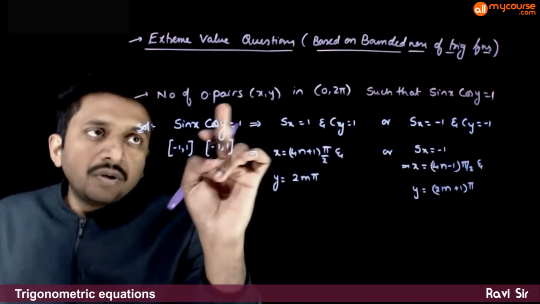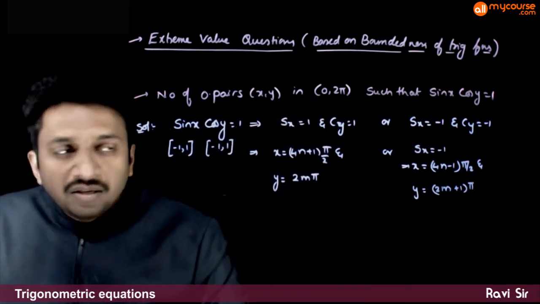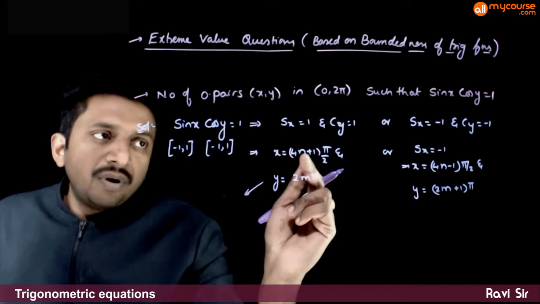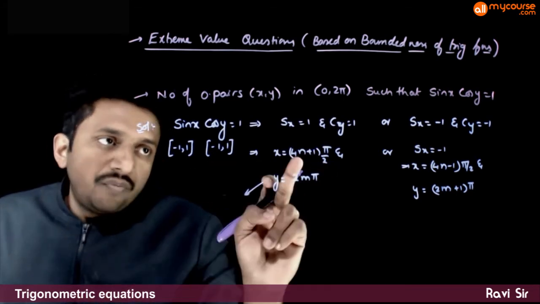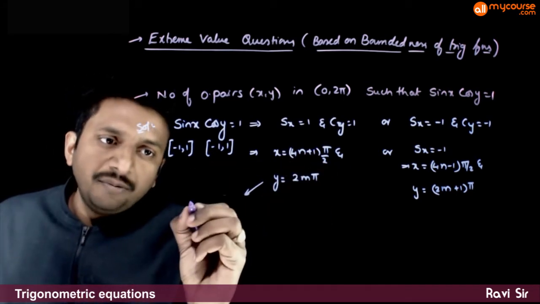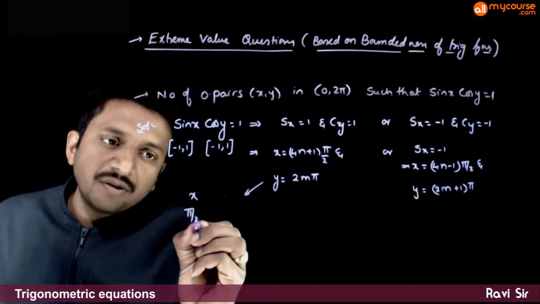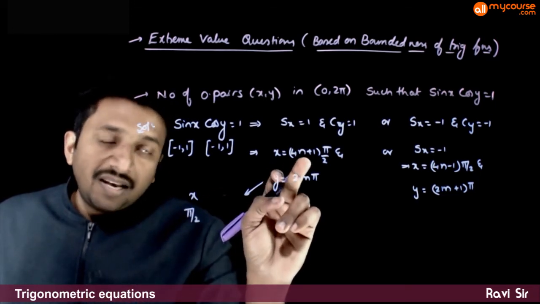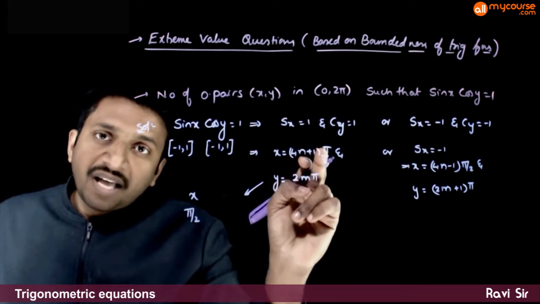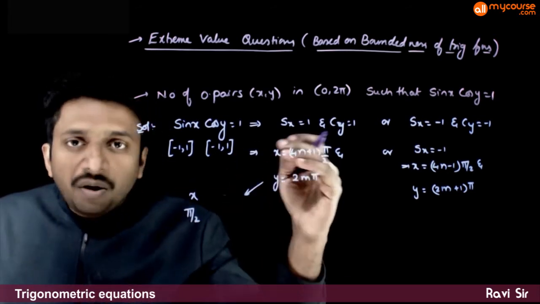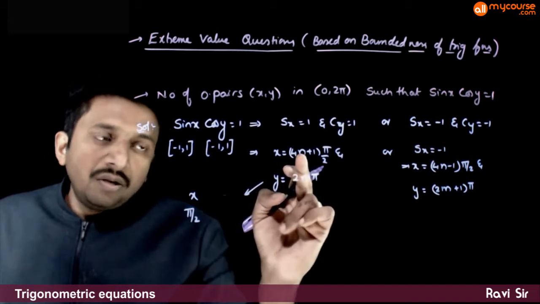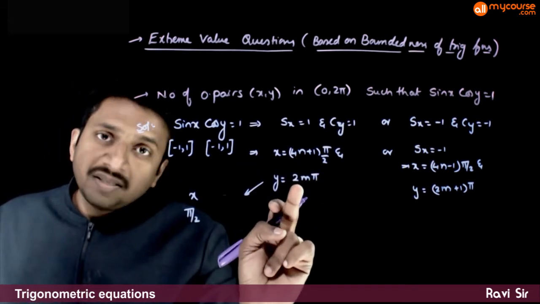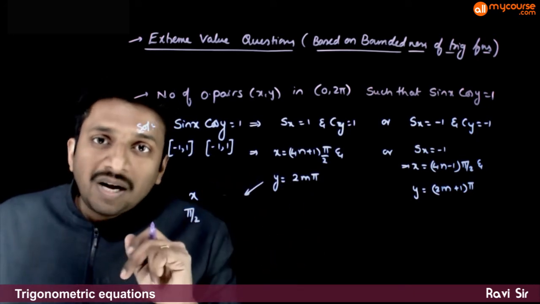So now let us look for solutions in open 0 to 2 pi. So for this case, x is equal to 4n plus 1 times pi by 2. If you put n is equal to 0, you get pi by 2. X can take values of pi by 2. And the next value is n is equal to 1, that is 5 times pi by 2. This is beyond 2 pi. So you have only one solution between 0 to 2 pi, and y is equal to 2m pi, even multiples of pi.